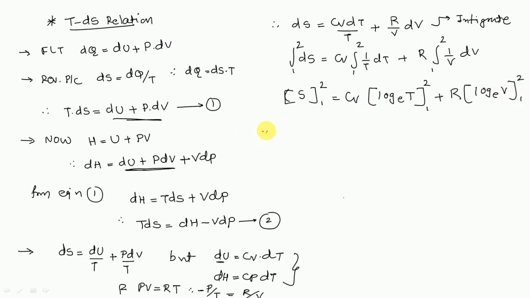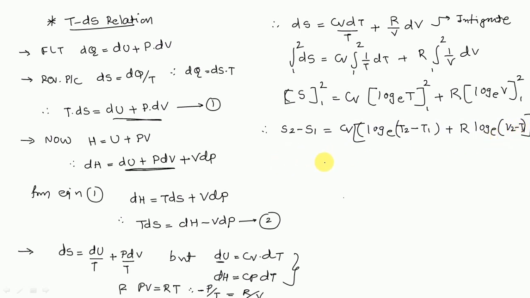If we apply the limits, then S2 minus S1 is equal to Cv log base e T2 minus T1, plus R log base e V2 minus V1.